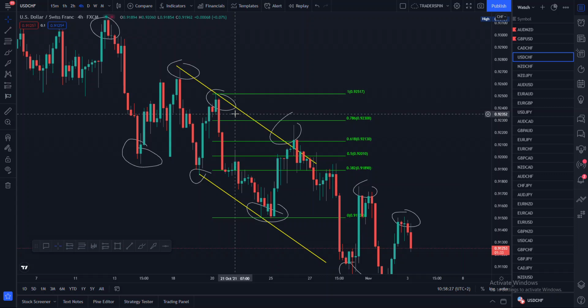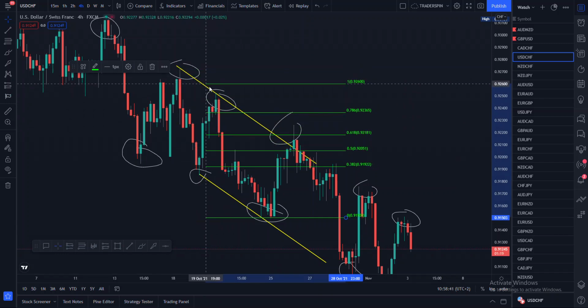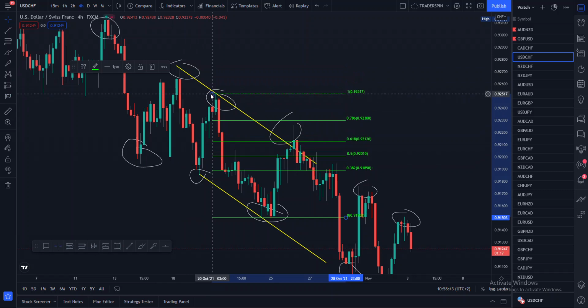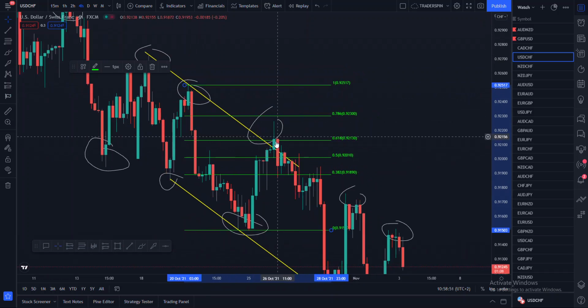What you have to understand is your Fibonacci retracement tool has to be on your second touch, and then you look at your third touch to see where the Fibonacci retracement is at.